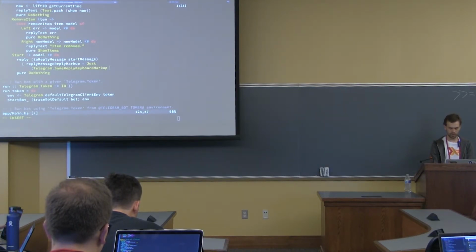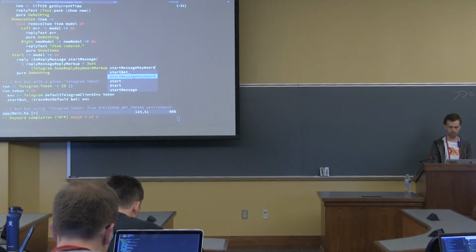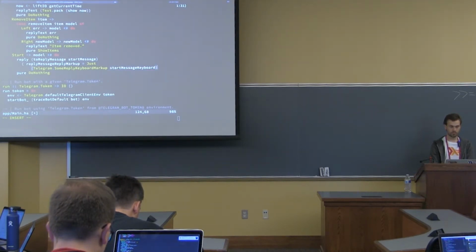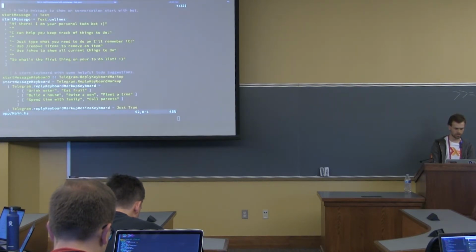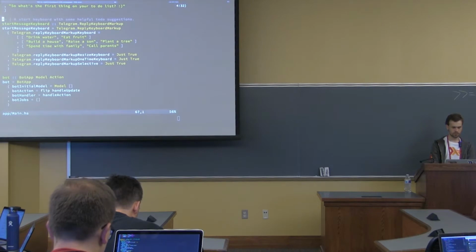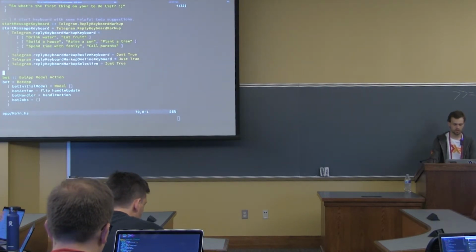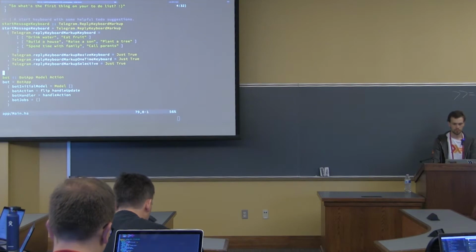And then we have to provide the actual reply keyboard markup, which we have as start message keyboard. Where's start message keyboard? I've just copied it from stage 7, I think. So it's a fairly straightforward structure. It just has a few symbols to type, so I just copied it from stage 7. Gotcha. Okay.